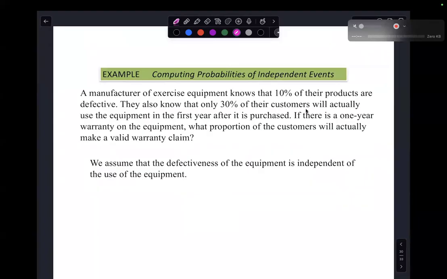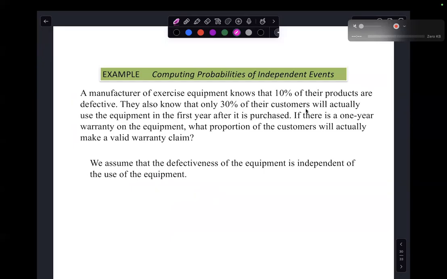All right. I love these ones because this is totally true to life. A manufacturer has exercise equipment. They know that 10% of their products are defective. They also know that only 30% of their customers are actually going to use the equipment the first year after it's purchased. There's a 1-year warranty on the equipment. What proportion of customers will actually make a valid warranty claim?